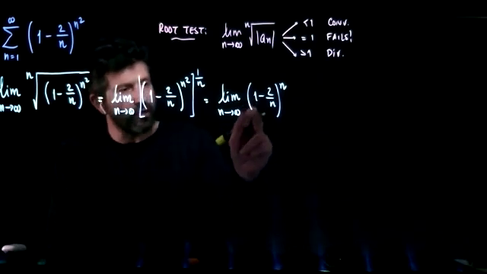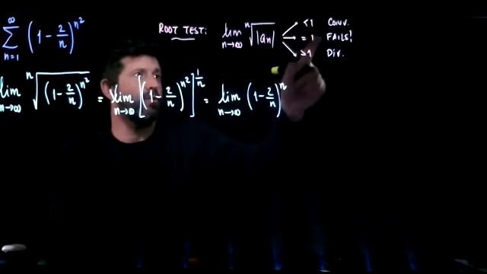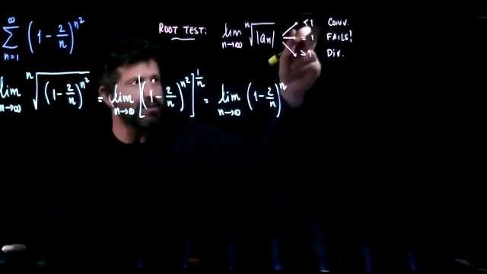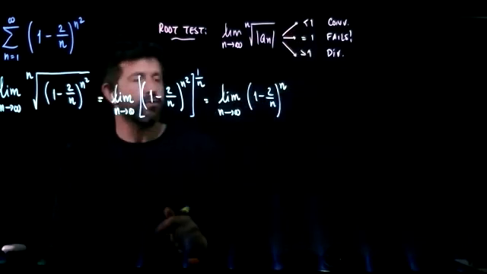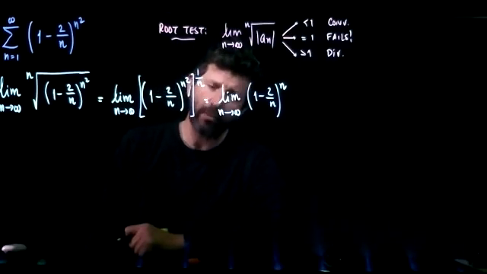Okay, so I have to evaluate this limit and determine whether it's less than, equal to, or bigger than 1. So how do I do this? You remember how to do this limit? Using L'Hopital's rule?